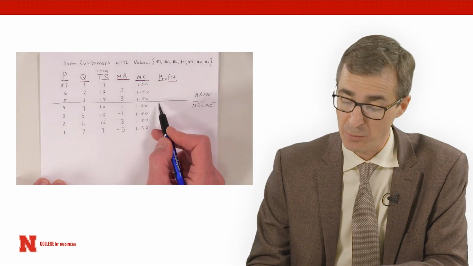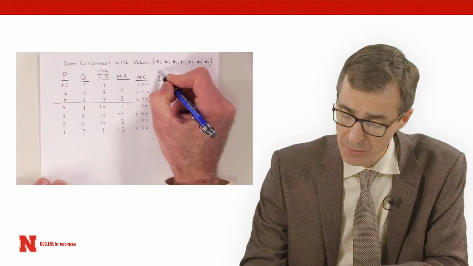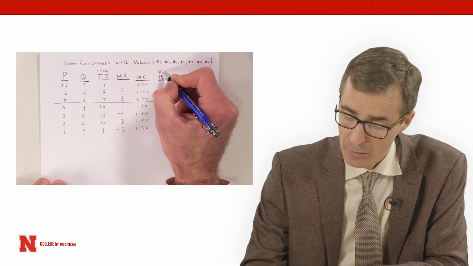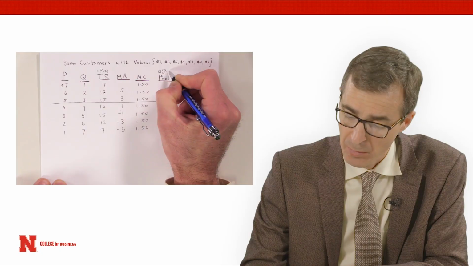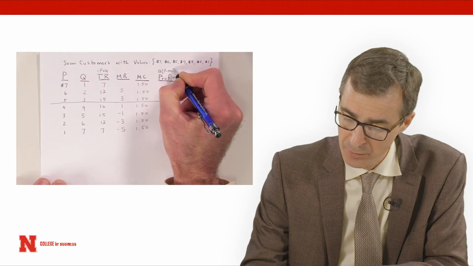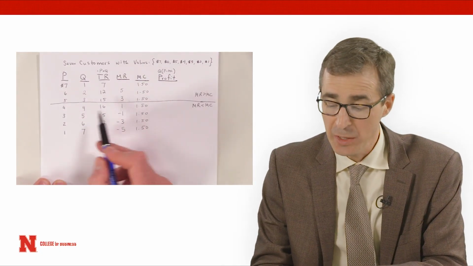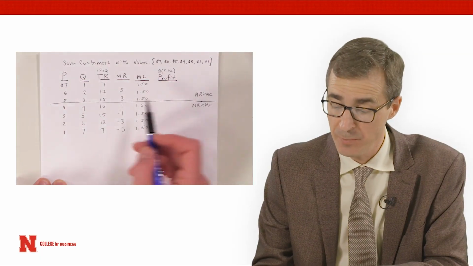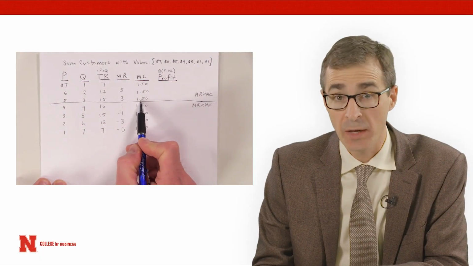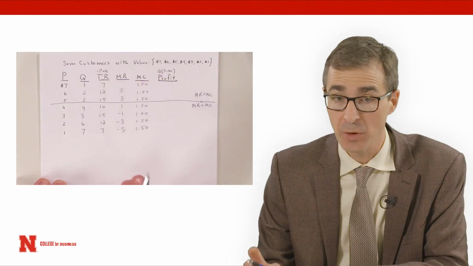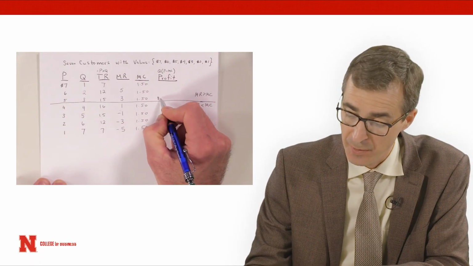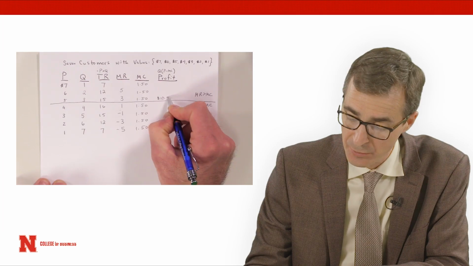We can calculate the profit as being equal to the quantity times price minus marginal cost. With 3 units sold at $5, we're bringing in $15 of revenue and generating costs of 3 times $1.50, or $4.50. The total profit at this level is $10.50.